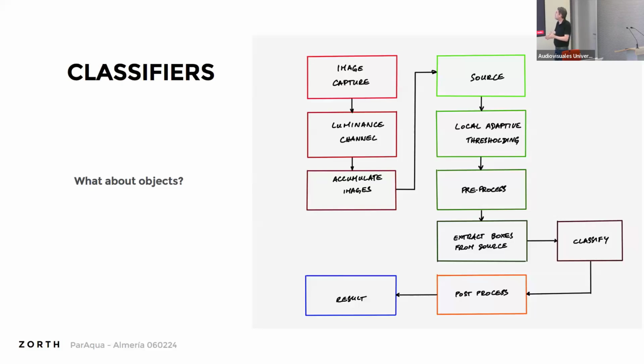Then I would look at the source, do some computer vision on it, like an additive threshold, which gives me a binary image, so black and white pixels. Out of that binary image, I would extract the contours. Out of the contours, I would look at anything that has dimensions that are related to my problem.